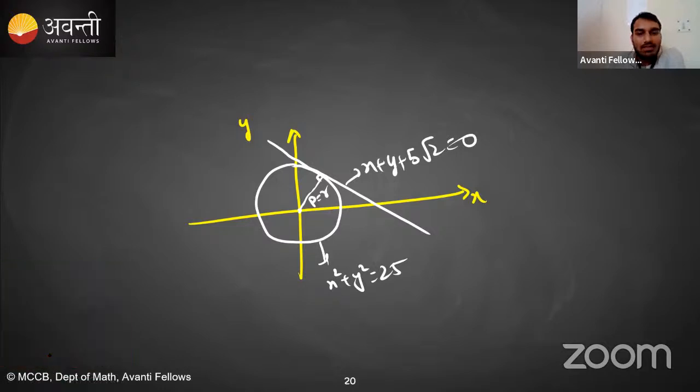Let's see. In this case, when the line was tangent, the point common to the line and the circle is only one point. Yes or no? So this point is lying on both the line and the circle.